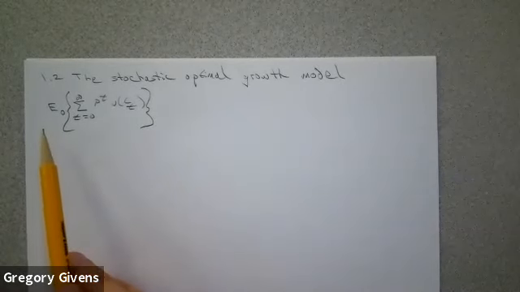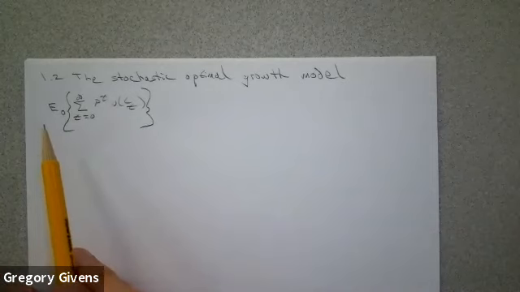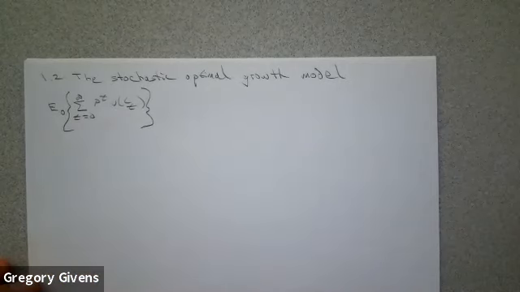Are you familiar with what that is? Surely you've seen this in math camp or in stats class before, how to evaluate an expectations operator. If you know what the probability density function is, you can take the integral of the random variable times the PDF, evaluated over the domain of the random variable itself.